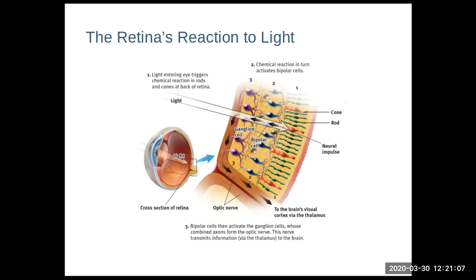So the chemicals that are given off by the rods and cones are picked up by the cells in layer 2 called the bipolar cells. And the bipolar cells basically are just giving the information from the first layer to the third layer. So bipolar cells are the messengers that take the message, the chemicals, from the rods and cones and give them to the ganglion cells.